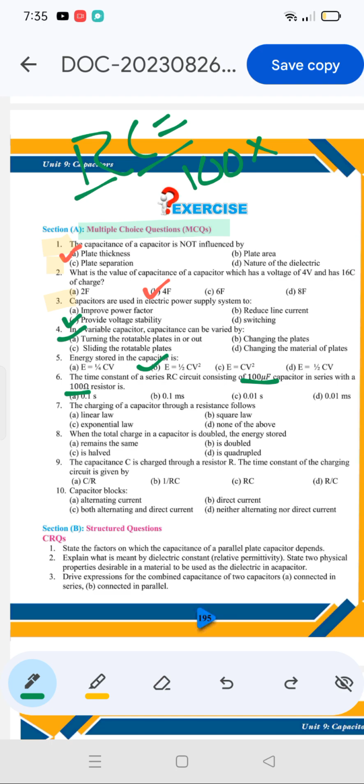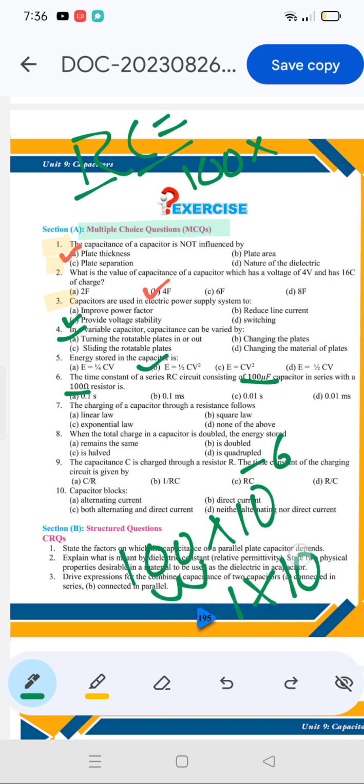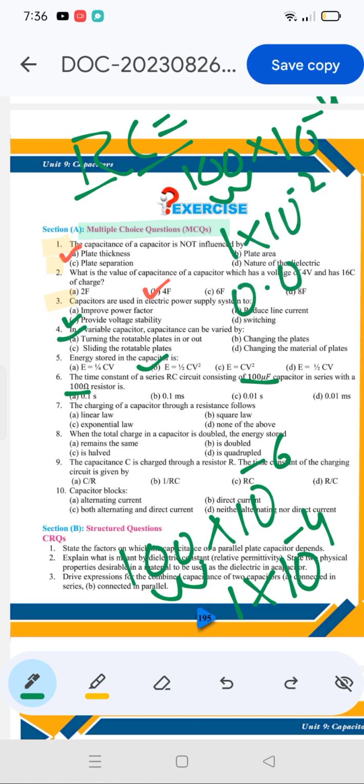Micro means 10 power minus 6, right? So now 100 is 1 2, so 1 into 10 to the power minus 4, because 2 points have been moved, right? Again 1 2, so this would be 1 into 10 to the power minus 2, which means 0.01.